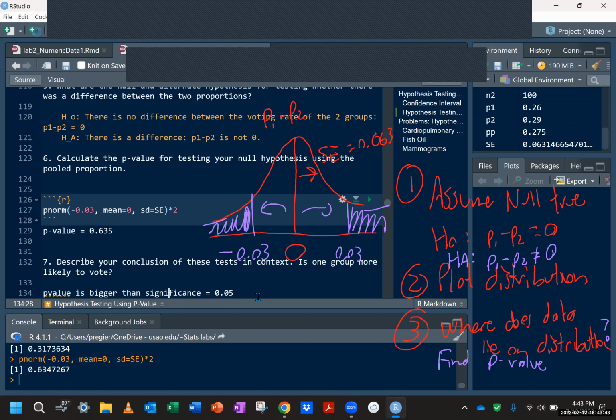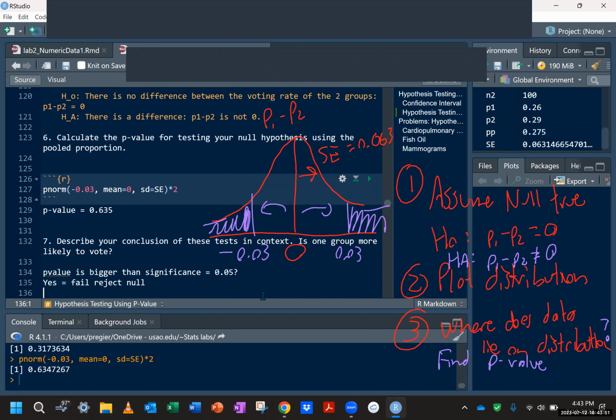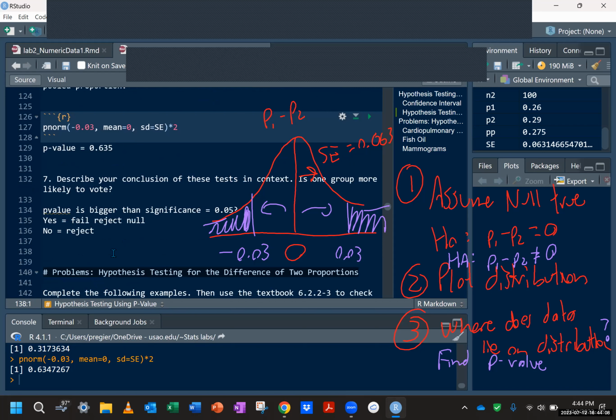So if our p-value is bigger than our significance, if the answer is yes, we fail to reject null. The answer is no, we reject the null. If it's smaller than the significance, we reject the null. So since it's bigger, our p-value is pretty big, we have to fail to reject the null. So we really have no conclusion to this test.